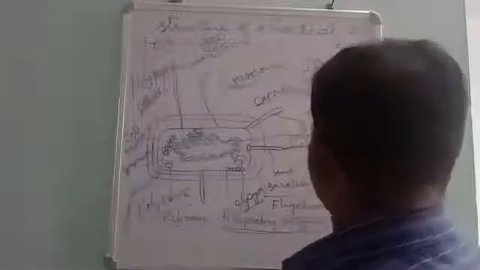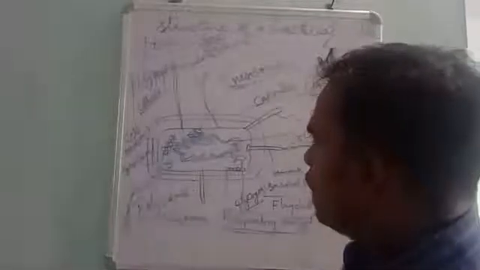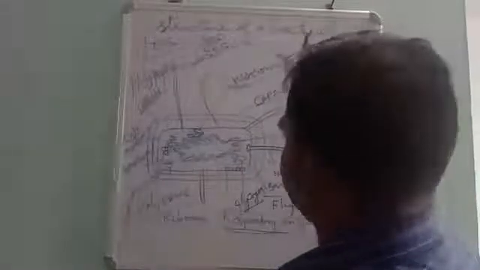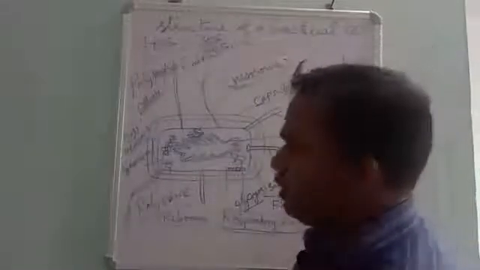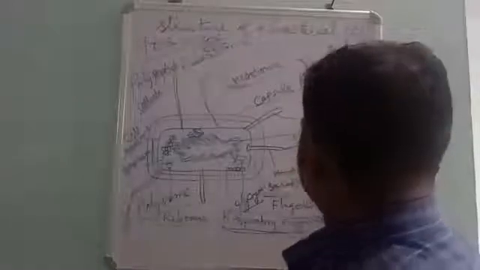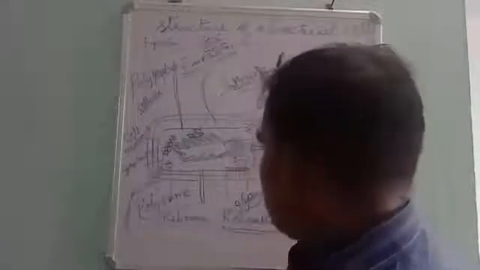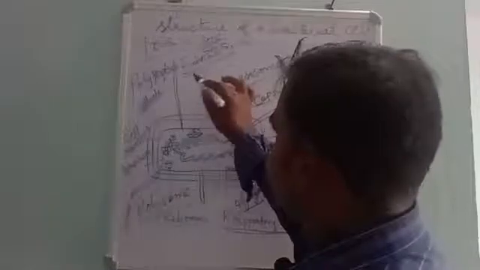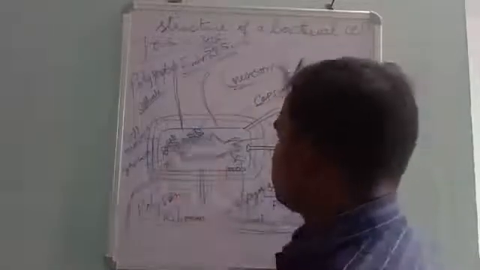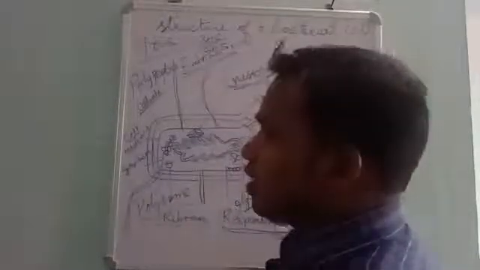One is a flagellum, another one is a pilus. Okay, flagellum, pilus. Clear? Another one is a fimbriae. So from the extension of the plasma membrane, these 3 structures arise.